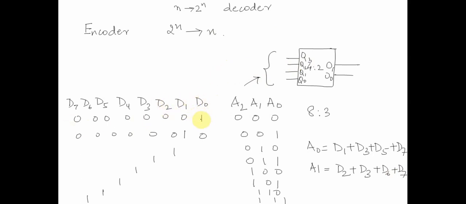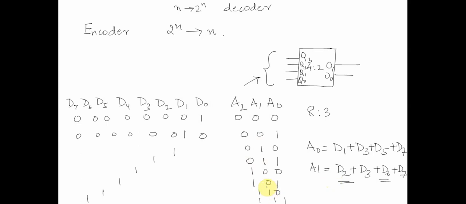By definition, we say only one of the inputs would be 1. What if more than one input is 1? Let's assume I have both D2 and D6 as 1. Then my output would be 1, 1.